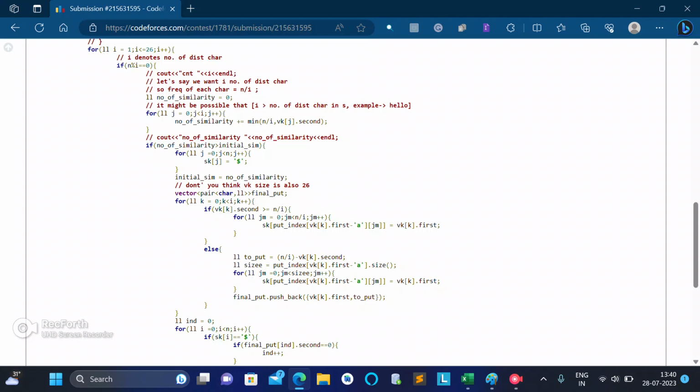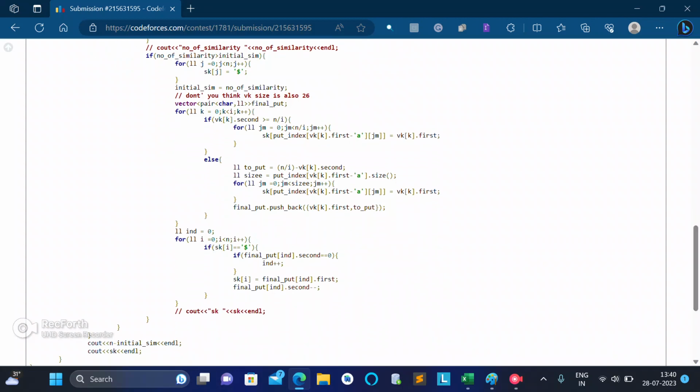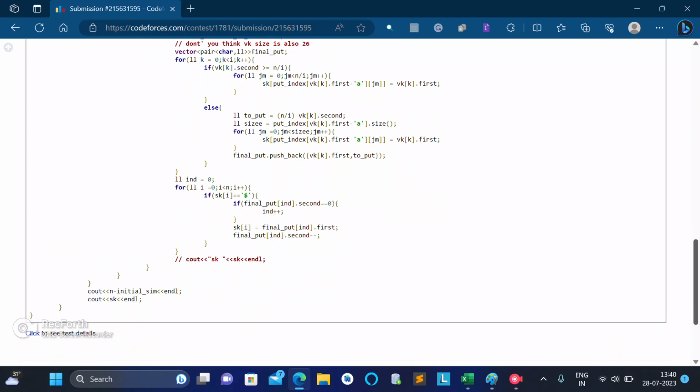So in the final put, I push L comma 3, which means L should be present 3 times more. I have taken vk of k dot first to be L and the second to be 3. In this way I will traverse the final put at the end, and put L 3 times at the random places where I found a dollar.